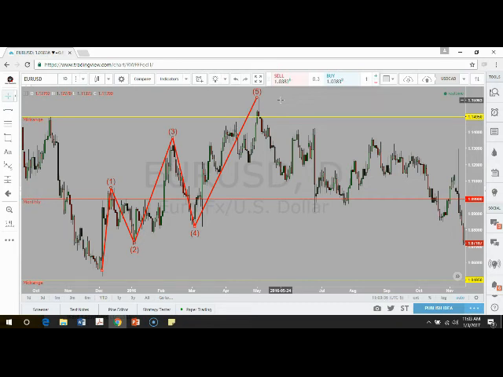Okay? So if you took a short right here, this is on the daily chart. If you took the short right here, you're now understanding that, hey, this might be a corrective phase, right? So here's the correction phase.